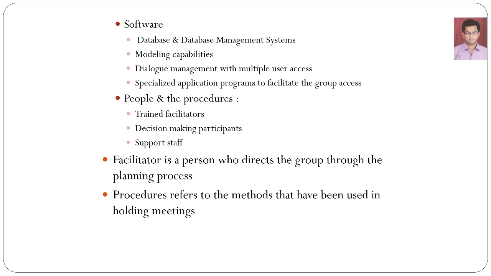Software includes database and database management systems, modeling capabilities, dialog management with multiple user access, and specialized application programs to facilitate group access. Then there are people and procedures: trained facilitators, decision-making participants, and support staff.